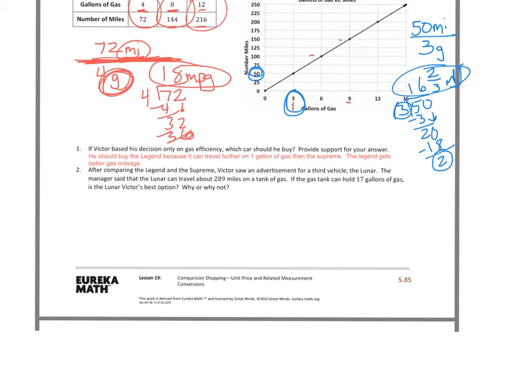Why or why not? So we know that based on what this sales manager says, it can travel 289 miles in 17 gallons. So I need to figure it out for 1 gallon. So I'm going to find the unit rate by dividing. I'll do 289 divided by 17.